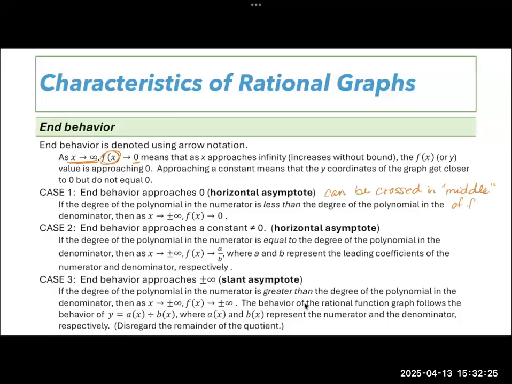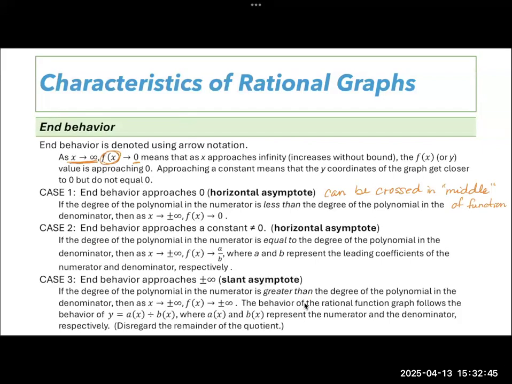So if we're in the middle of the function and we happen to cross the asymptote, not a big deal. As we get out to the ends of the function, then these asymptotes are going to kind of show us what the behavior of the graph is going to be doing.